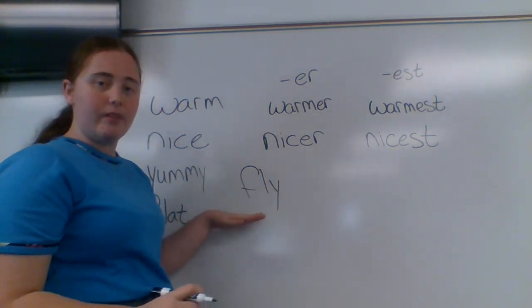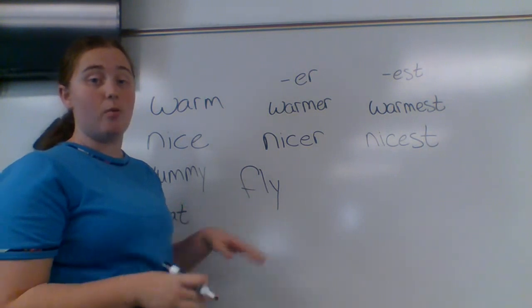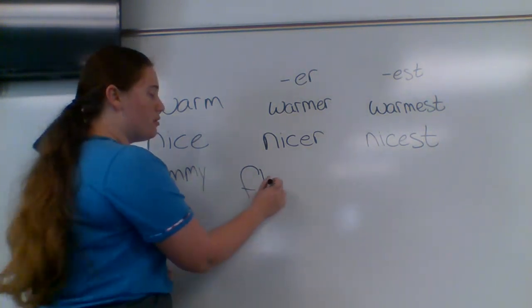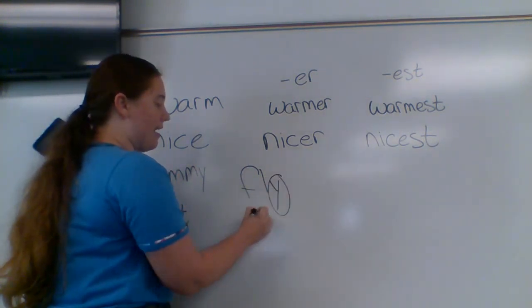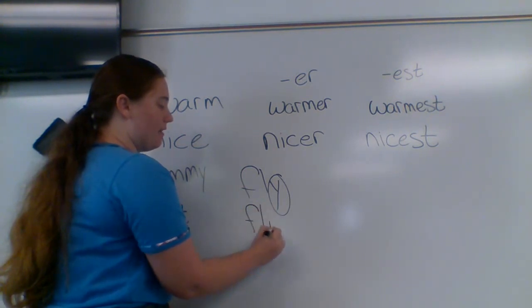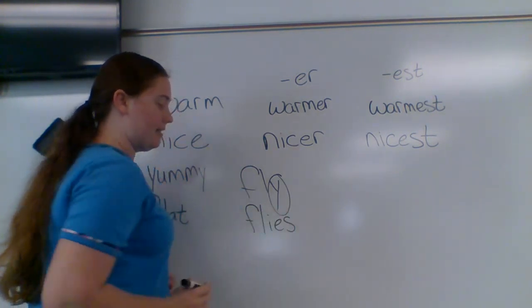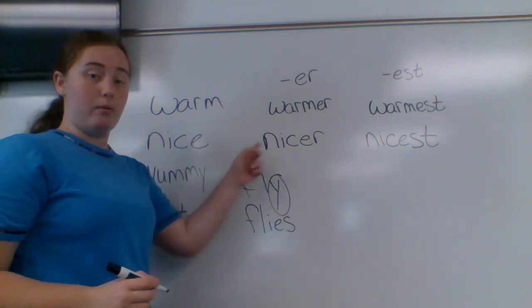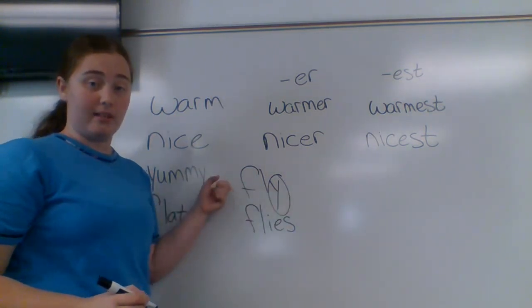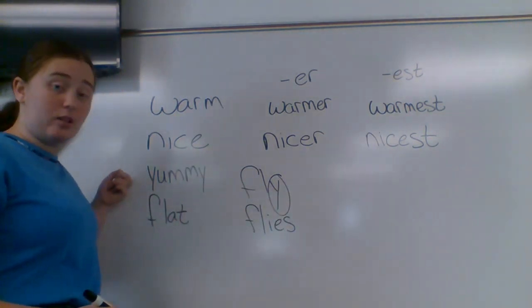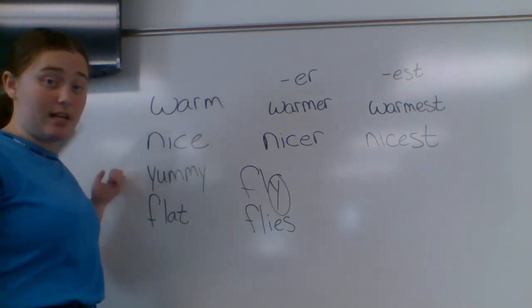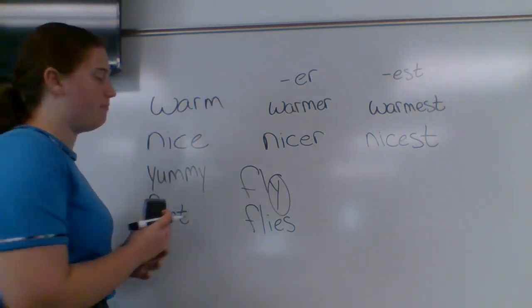If I were to say there is one fly or there are many flies, we would change the Y to an I and add ES. So it'd be F-L-I-E-S. This is how we would change from singular to plural. We're going to use that singular plural concept and do the same thing here with the ER and EST.